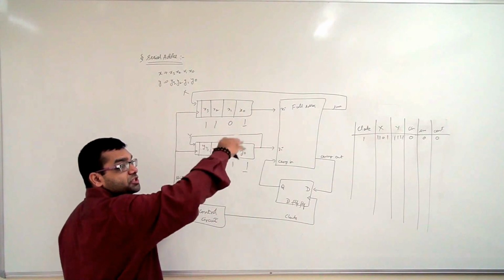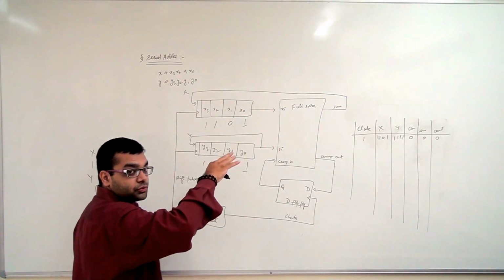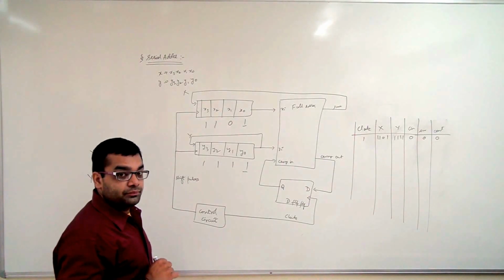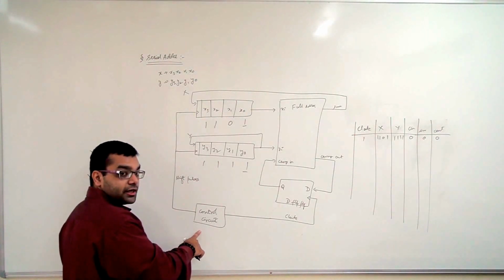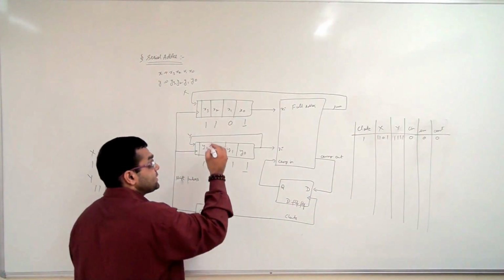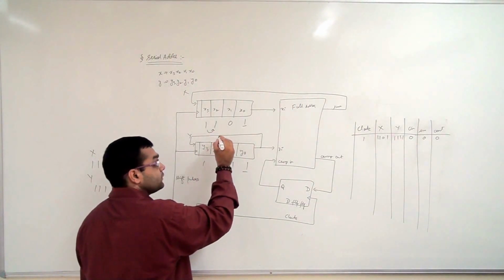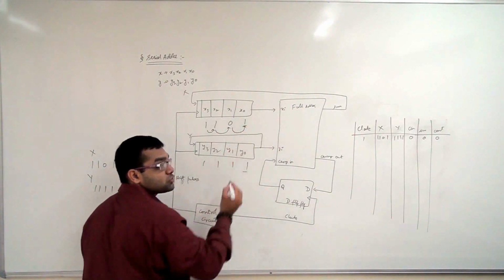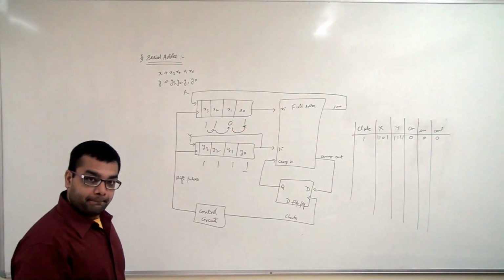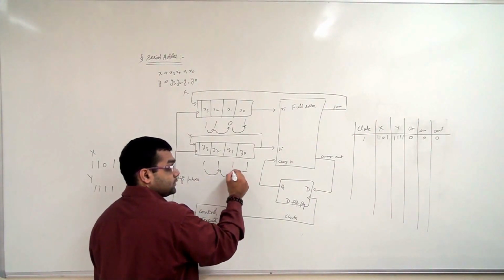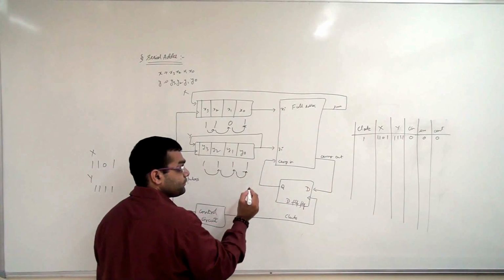Now if we don't shift the values, then overwriting will take place and our data will be lost. So our control circuit generates the shift pulses, so that in the next cycle this value goes over here, this goes over here, this goes over here. Similarly this and this.